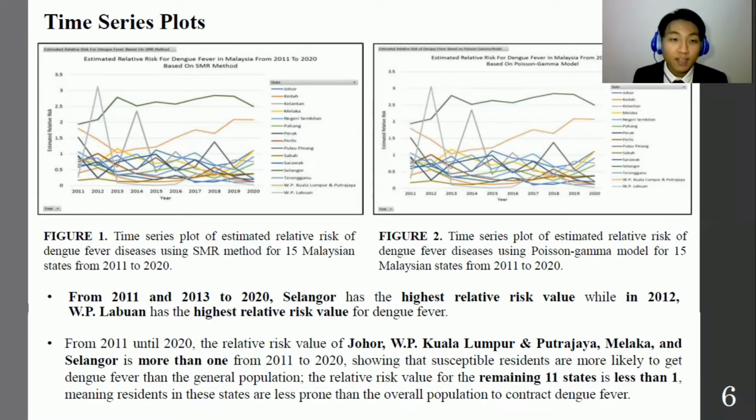And from 2011 to 2020, the relative risk value of Johor, Kuala Lumpur and Putrajaya, Malacca, and Selangor is more than 1, showing that the residents are more likely to get dengue fever than the general population. And the relative risk value for the remaining 11 states is less than 1, meaning the residents in these states are less prone than the overall population to contract dengue fever.